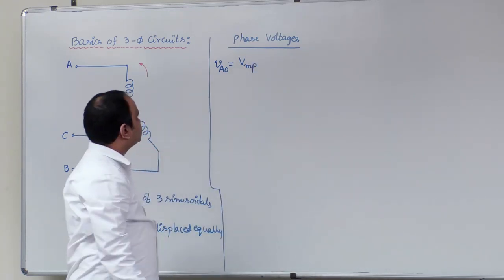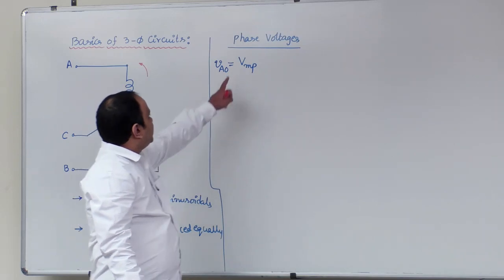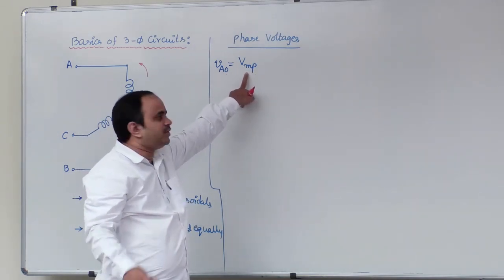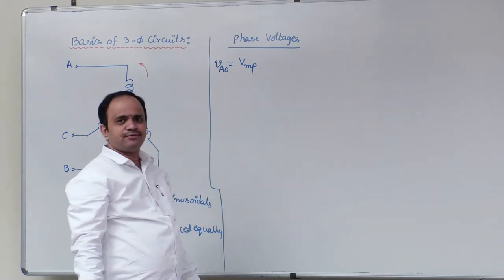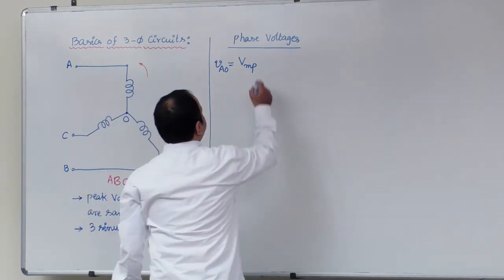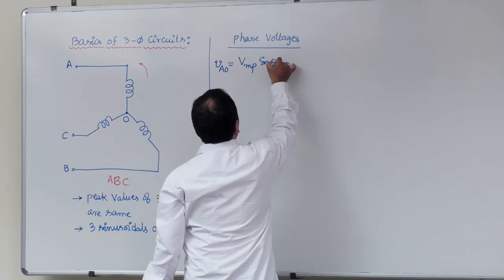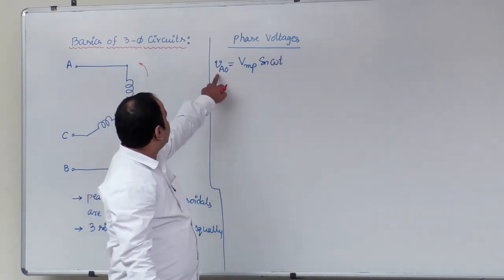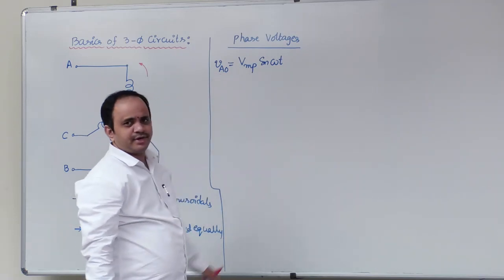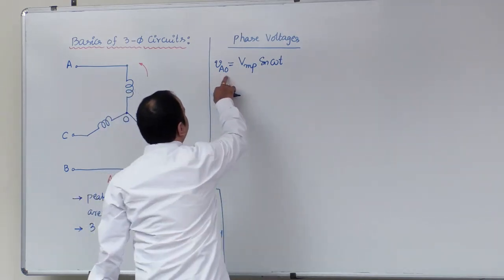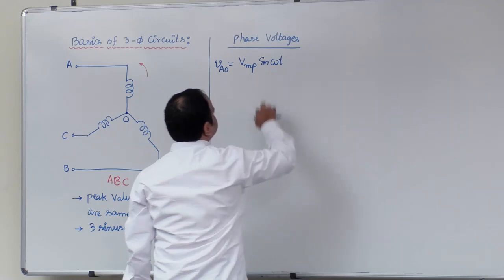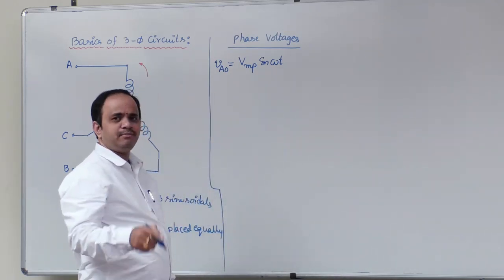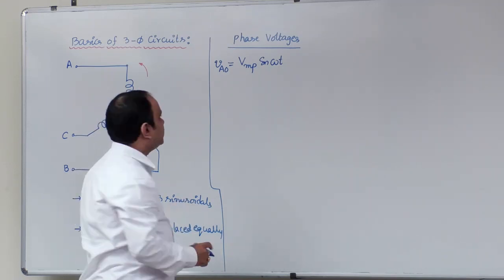Now follow the symbols carefully. V suffix MP: M indicates magnitude or maximum value, P indicates phase value. VMP sin omega t. Now going forward, for our analysis, we can take VAO as a reference. Therefore, the reference waveform can be represented with the phase angle equal to 0. So VAO is represented as VMP sin of omega t.